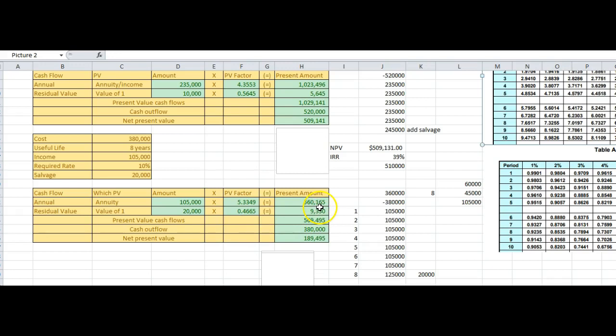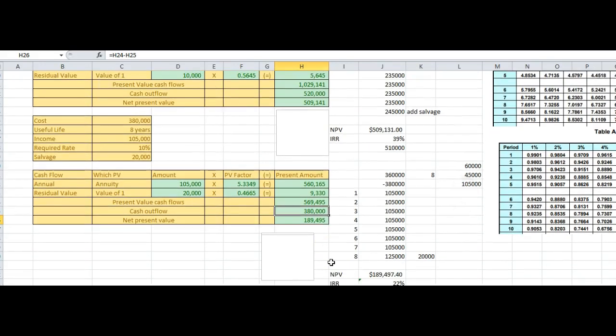Now I have to multiply this out. So this has a present value cash flow of 569, and we're going to subtract the 380 that we paid, and we'll have a net present value of 189,495. Again, you can do this using Excel to get the same results. I don't know why I have a plus in there.